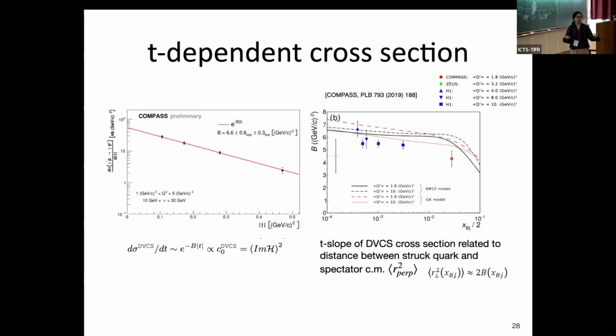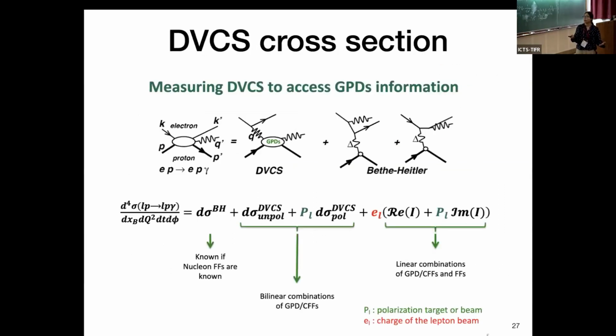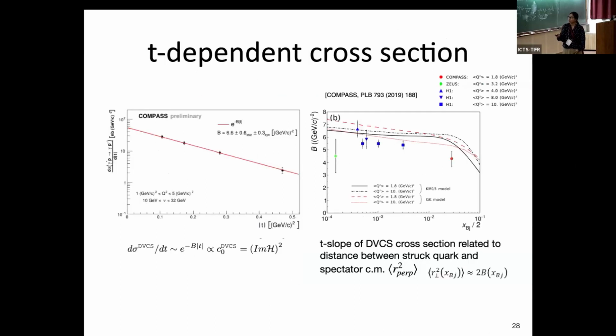When you have this differential cross-section, you can integrate over, for example, the azimuthal angle, and then look at the slope of the cross-section depending on the t value here. And when you look at the slope of the cross-section with respect to t, you can extract this slope parameter here. This is shown as the capital B.